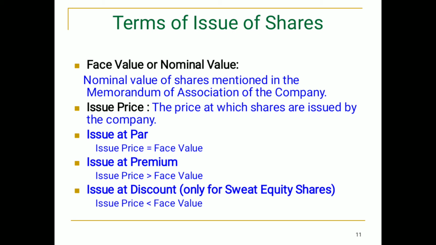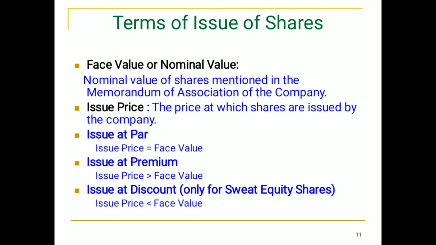What is the face value? 10 rupees. What is the issue price? 12 rupees. 12 rupees is more than 10 rupees, and those 2 rupees are the premium. Issue at discount is only for sweat equity shares. This is not in the syllabus, so there's no need to go into detail with that. You are supposed to deal with the first 2 points.